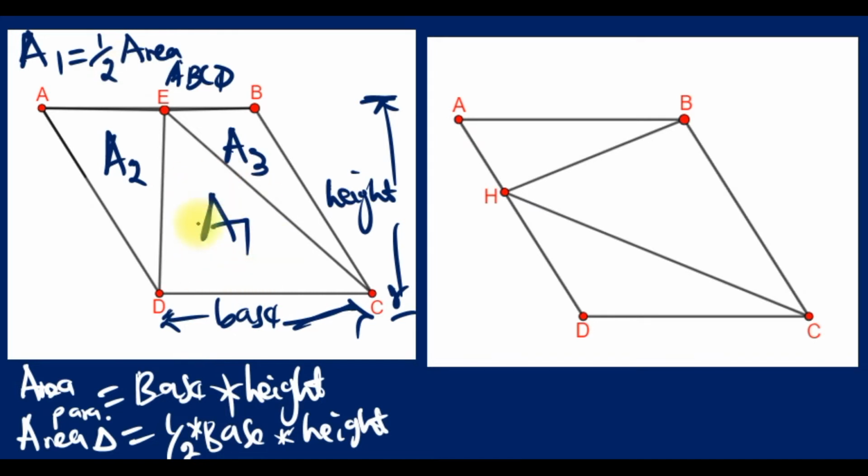For the area of A1 to be half of that implies that the remaining area, which is A2 and A3, the sum will also be half the area of the parallelogram. That is half of area ABCD. Because this is half, the remaining will be the remaining half.